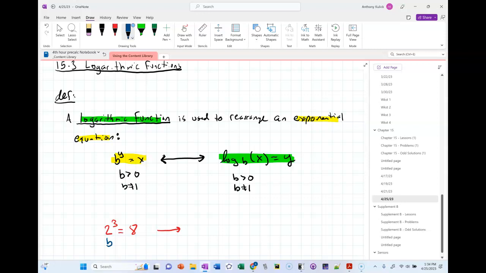So this is like my b, that's like my y, and that's like my x. If I rewrite that as a logarithmic equation, I would say log base b of 8 is equal to 3. Or again, here's my b, my x, and my y. Everybody's okay with how I shifted that around?